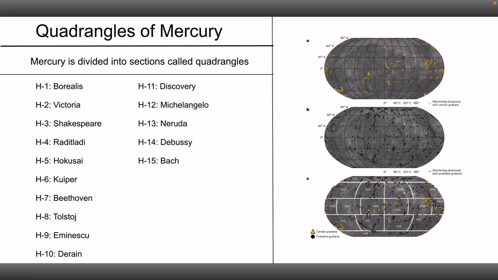Going from number 1 to 15: Borealis, Victoria, Shakespeare, Brainslotti, Hokusai, Kuiper, Beethoven, Tolstoy, Ionescu, Dorian, Discovery, Michelangelo, Neruda, WC, I believe, Bach.